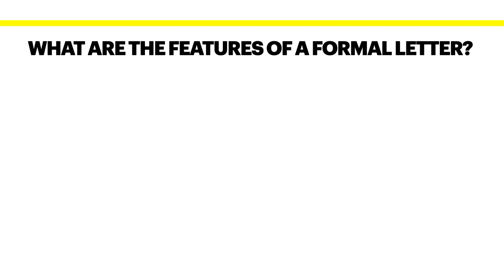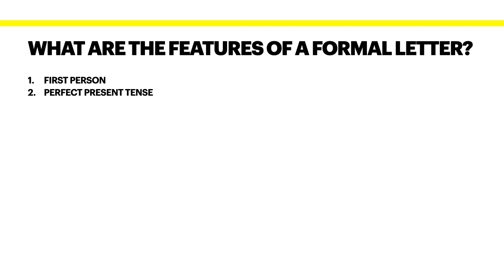Okay, so here's one that will stay the same. With a formal letter, we still write in first person. The letter is written from us, so we would use words like I, me, they, he, she. We would still use perfect present tense, which in the examples I saw from last week were fantastic.